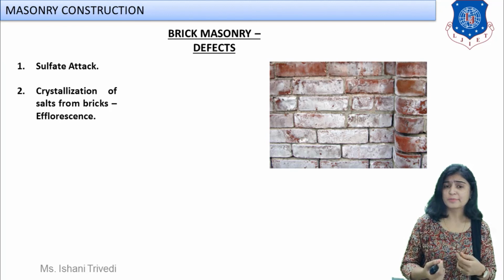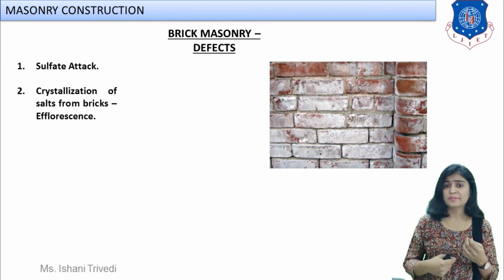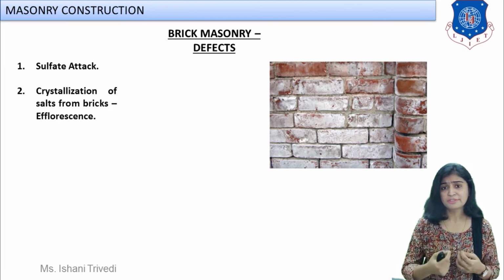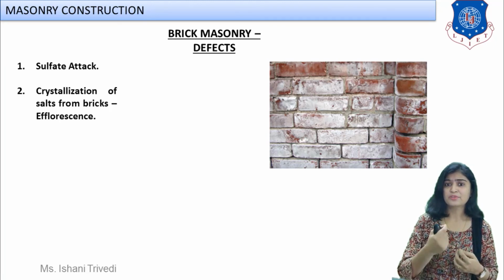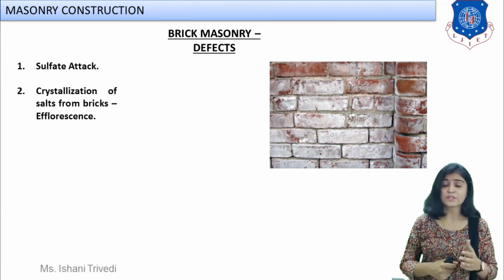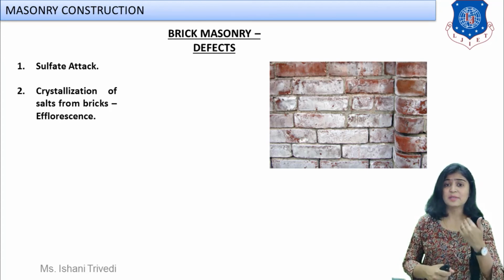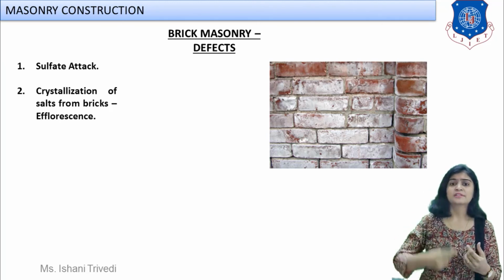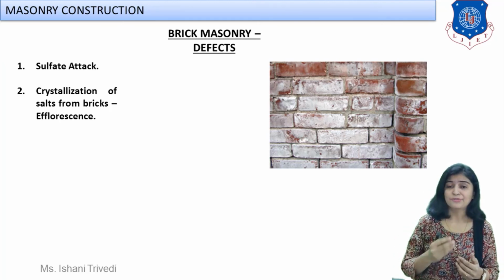Sometimes chlorides are present in the bricks. When water evaporates, these salt crystals undergo crystallization and get deposited on the surface of the brick masonry construction. So what appears to us is white patches or white spots on the surface. This is commonly termed as efflorescence.